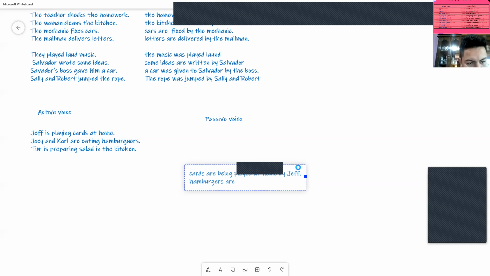Eating. Ah, sí, no, ¿qué te falta? Being. Ah, bien. Being, no by. ¿Cómo dijo? Ve cómo lo tienes arriba. Sigue el ejemplo que tienes arriba. Are being.